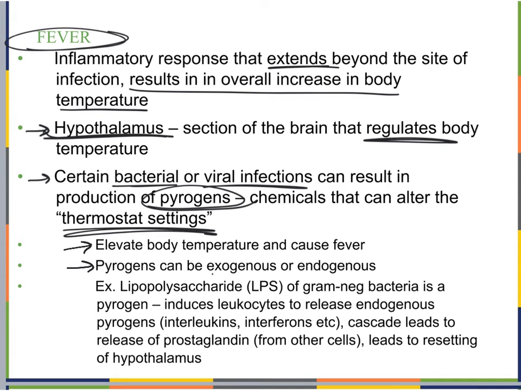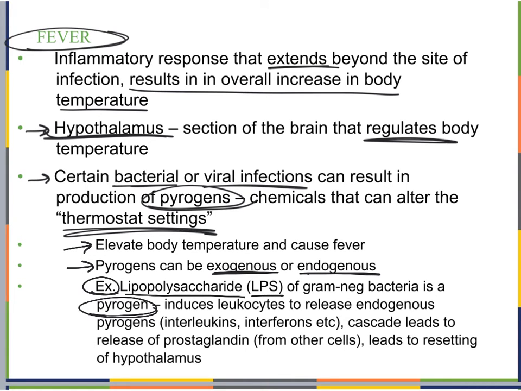The pyrogens can be exogenous or endogenous. So again, that means that within our own cells we can make the pyrogens, or part of our microbiome can start making those pyrogens, saying, hey, we're in trouble here. It's going to make those pyrogens and say we need to increase the temperature. So for example, the lipopolysaccharides, or LPS, of our gram-negative bacteria is a pyrogen.